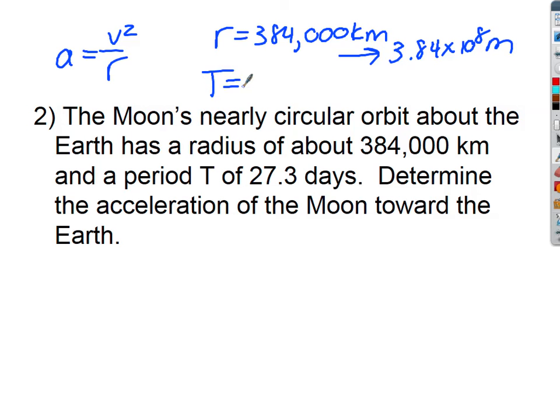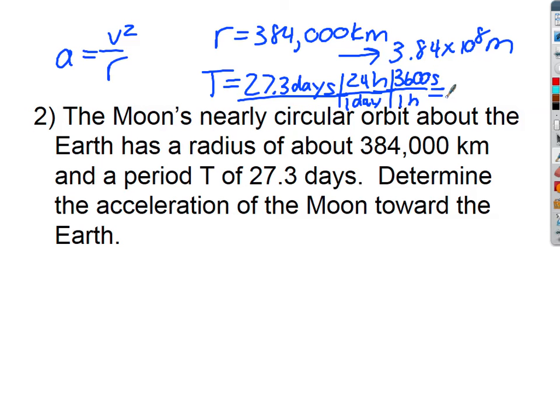The period is 27.3 days, but I need to have this in seconds. So I need to do 24 hours in 1 day, 3,600 seconds in 1 hour. That equals 2,358,720 seconds. Okay, that's a little bit of time.